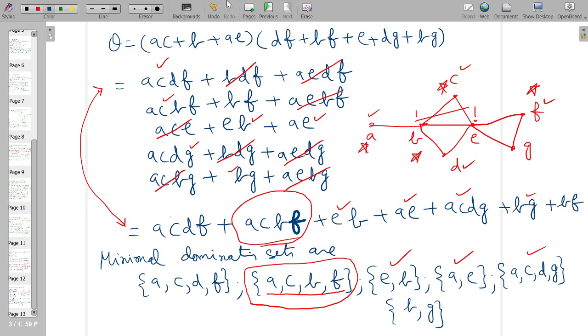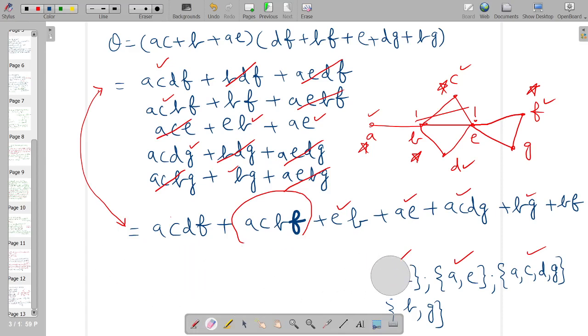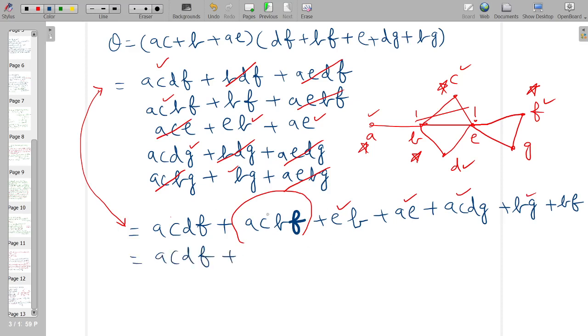Okay, and when I combine this BF with ACBG, I will have ACDF plus BF plus ACBF is BF plus EB plus AE plus ACDG plus BG.